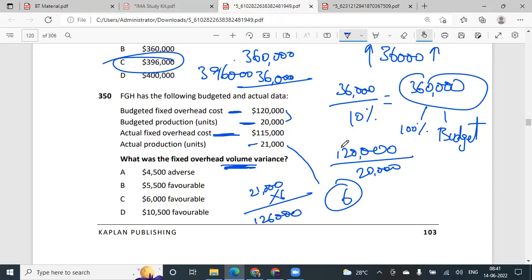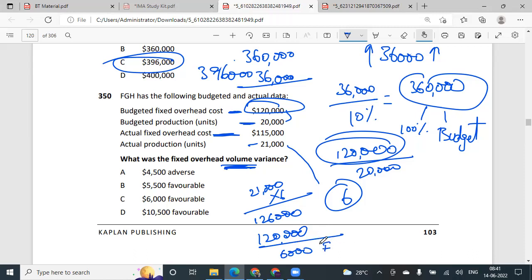And our budgeted fixed overhead cost is 1,20,000. So what is the difference here? 6,000. Now this 6,000 variance, is it favorable or unfavorable?